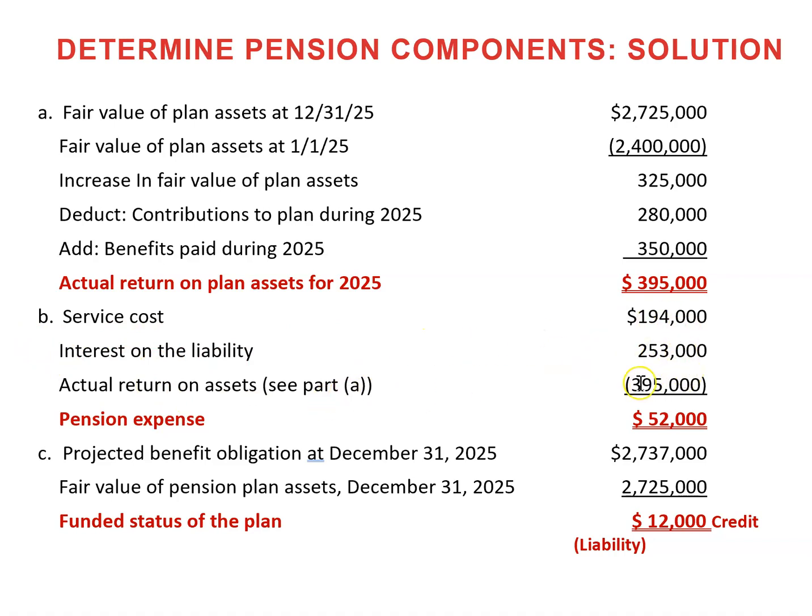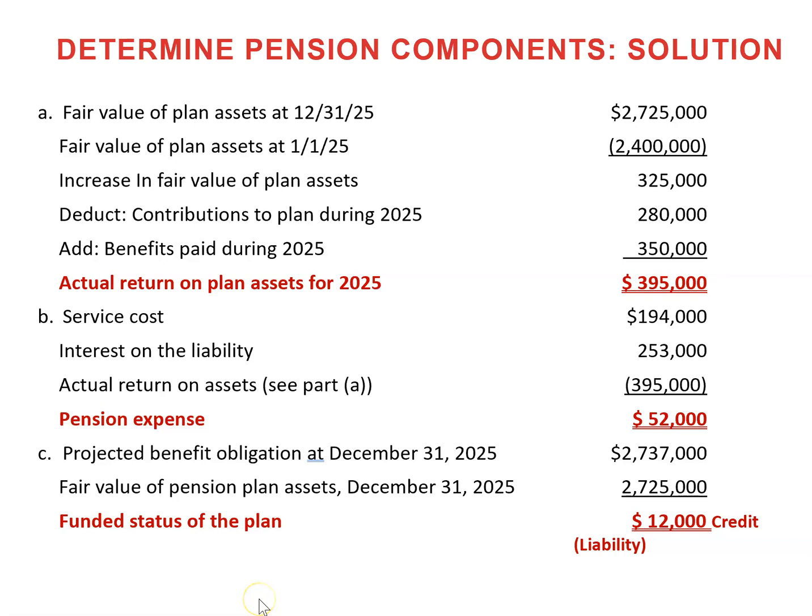Now we add these, and remember it's pension expense, so we subtract our return, because it's a return, but we need to know the net pension expense. Of course, it's a component of the expense. So for this year, the company's pension expense is 52,000.